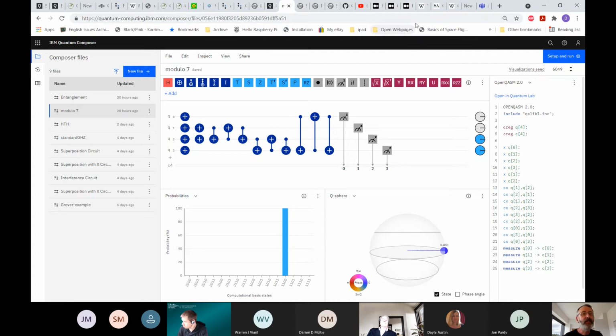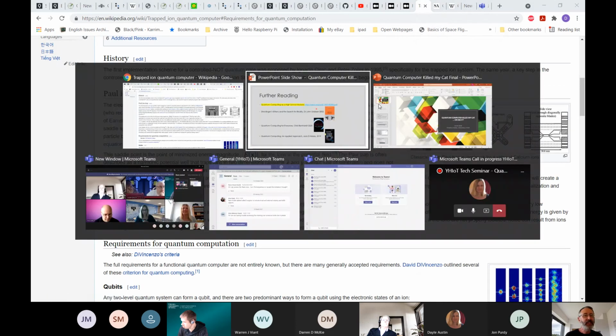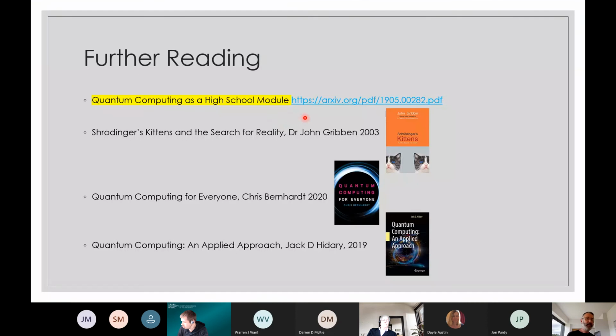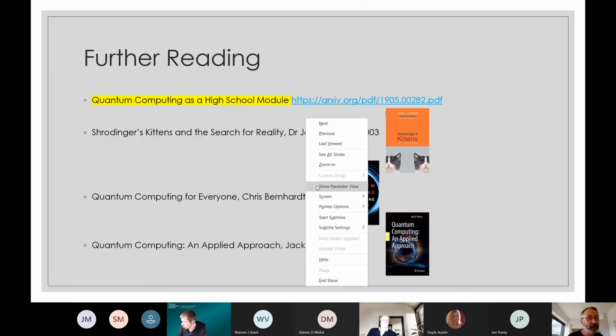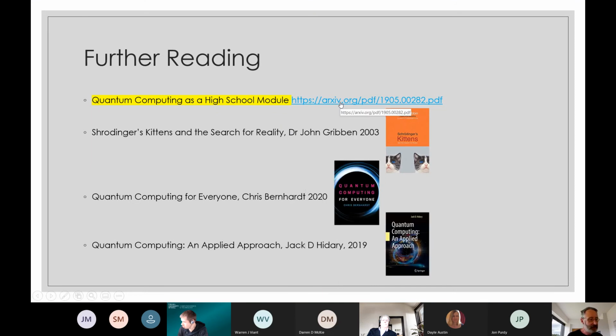Okay, I can't bring it up unfortunately, but there is a really excellent book, paper on the mathematics and background of quantum computers, which is available free from this link. Let's see if this will work for me.